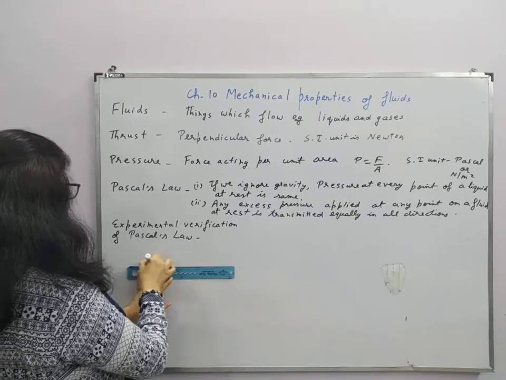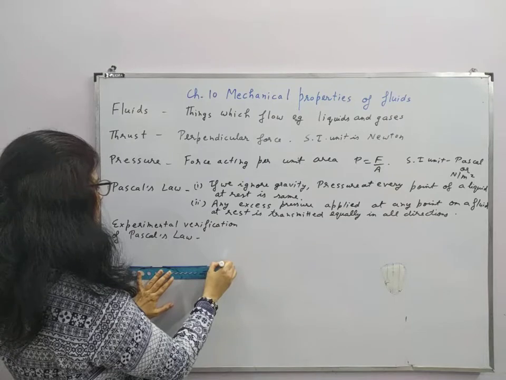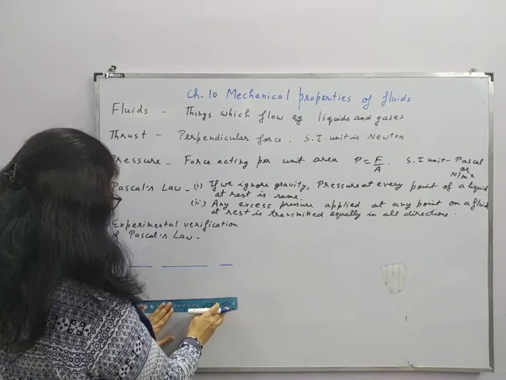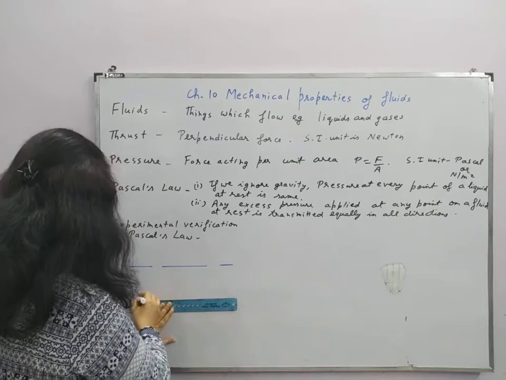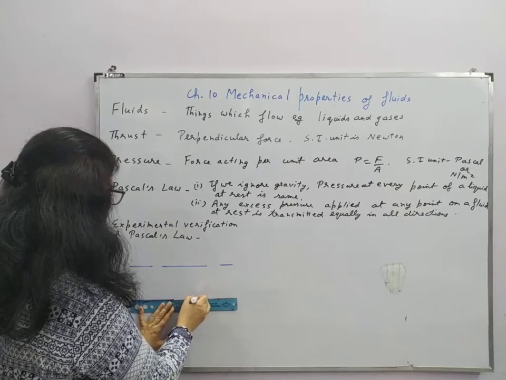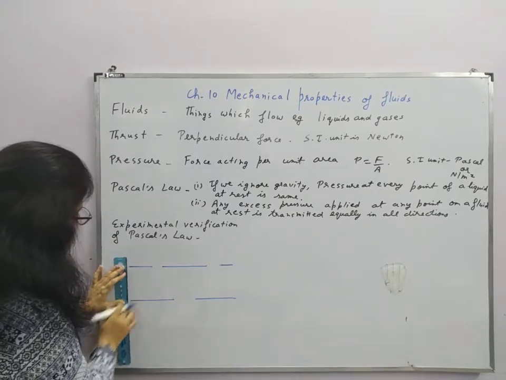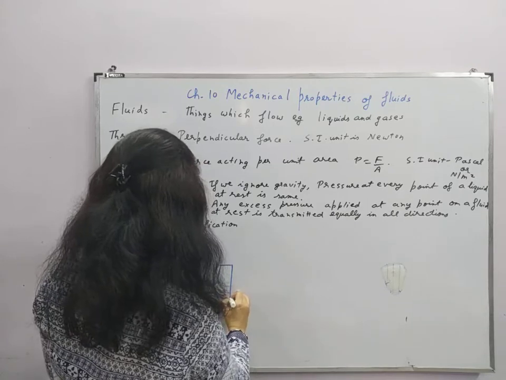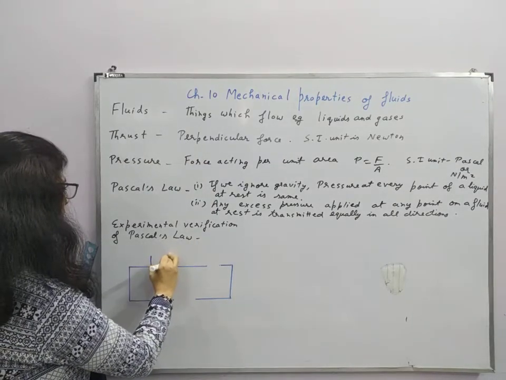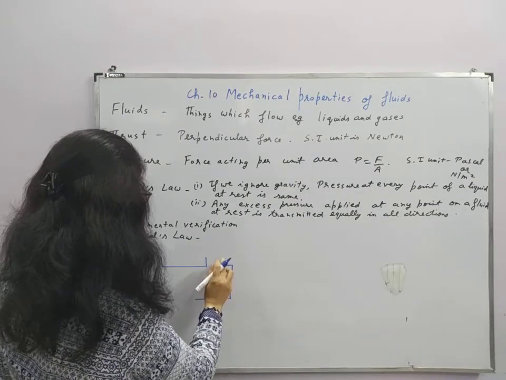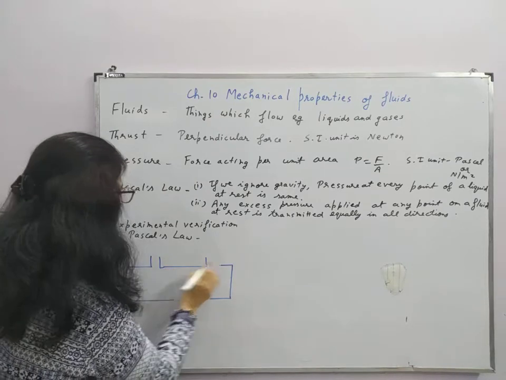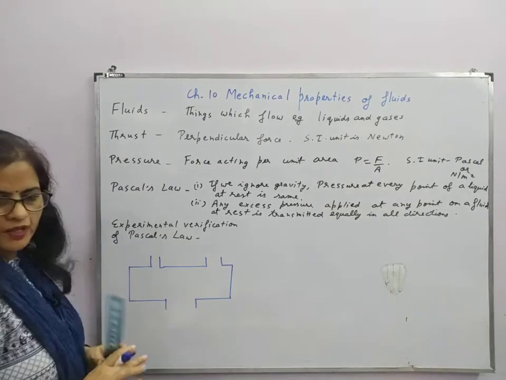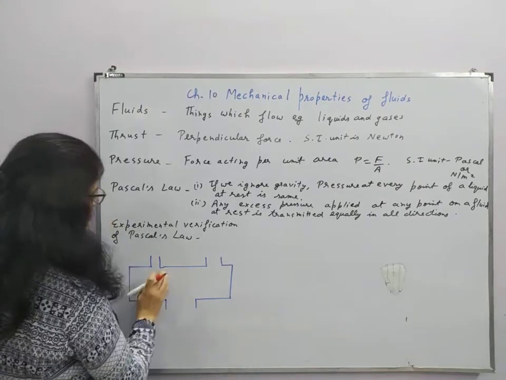So if we have this container having 3 openings, it has 3 openings such that the area of cross section of this is half of this.